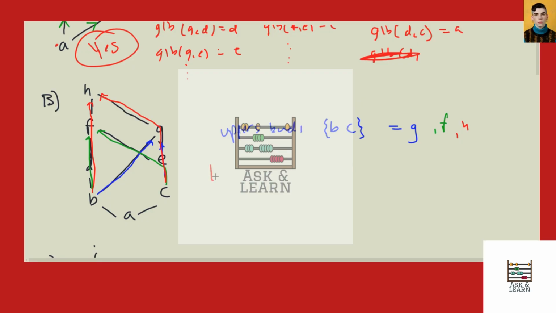Okay, but now for our least upper bound of B, C, we're looking for which one is smaller than these. First we could just get rid of H, since H is our maximal element.